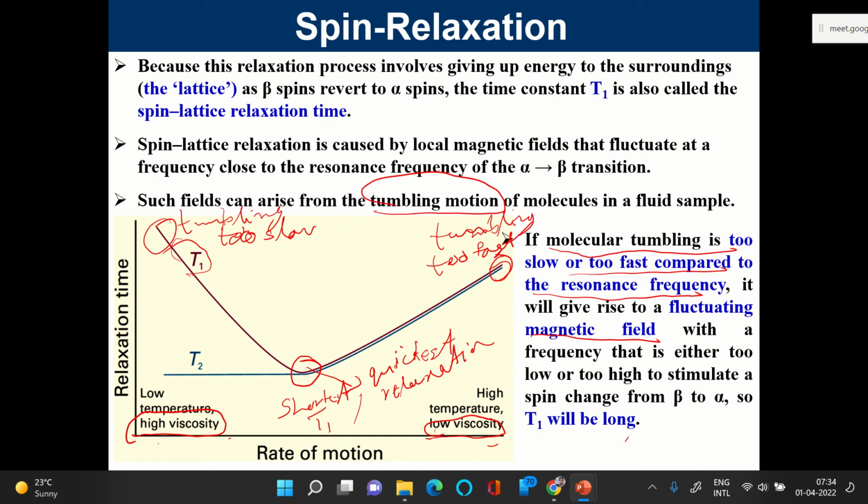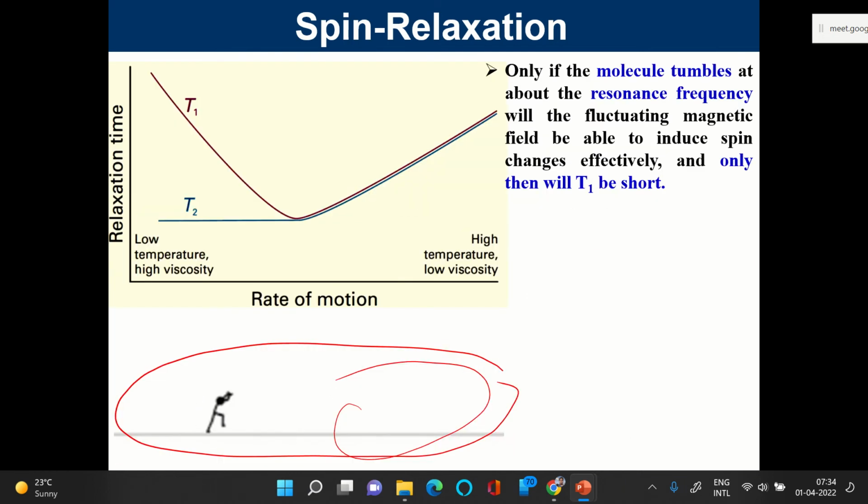So very fast relaxation happens when the solvent is not too viscous, and doesn't have such a low viscosity either, so intermediate viscosity. In comparison to a highly viscous or very less viscous solvent, intermediate viscosity is good. It relaxes very fast, while T1 is longer at the extremes, and this is what we see here.